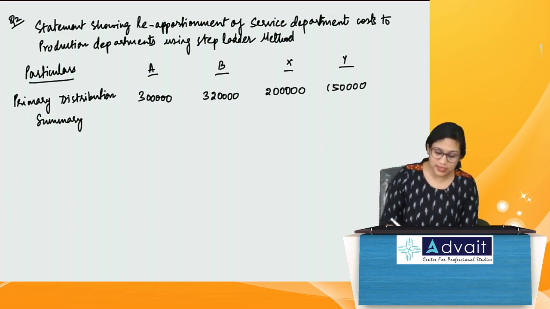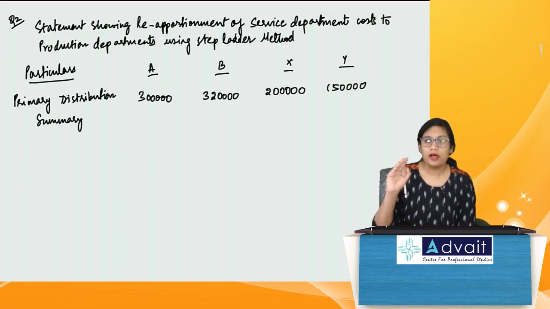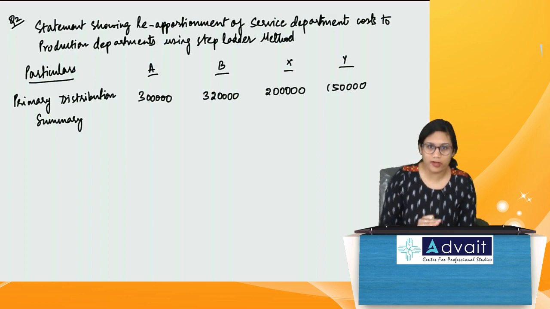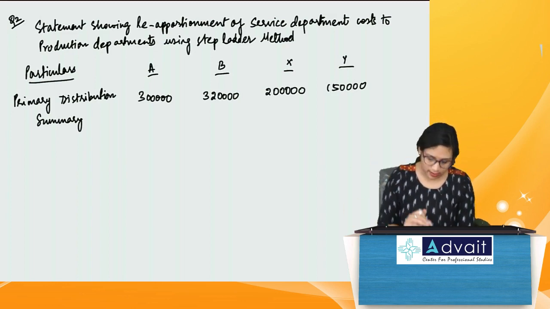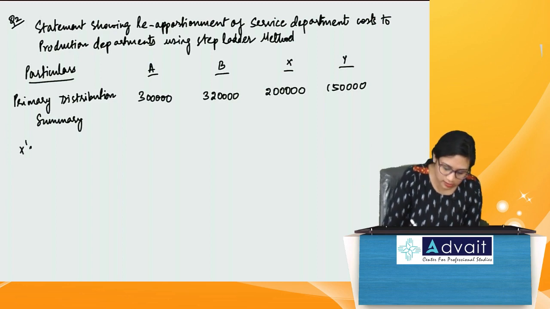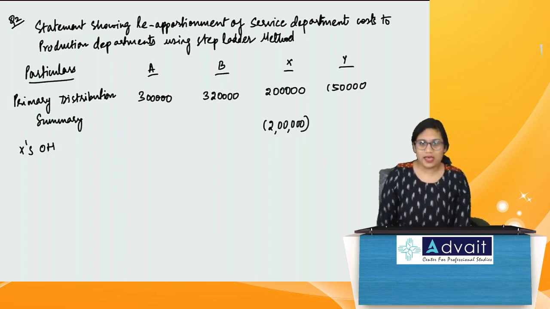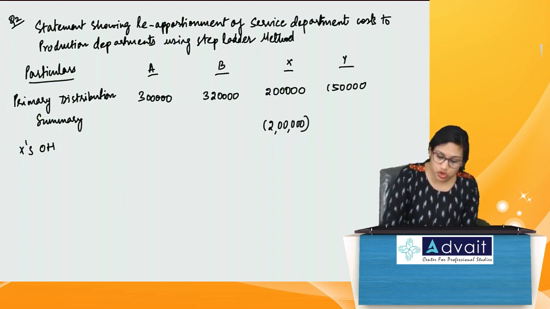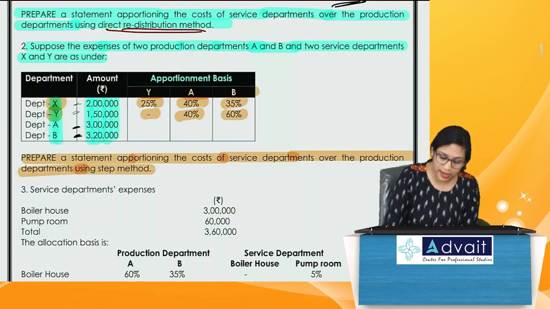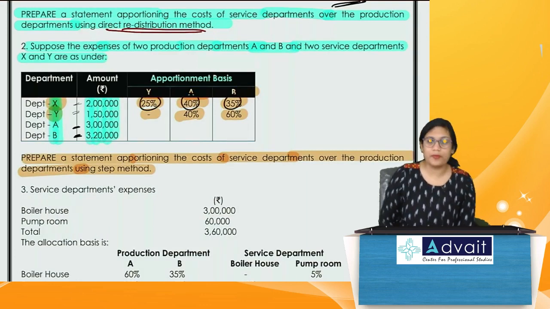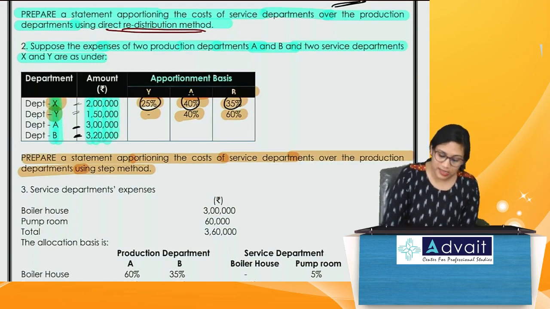Okay. So in this case, first we will reapportion X's overheads to A, B and Y. Let's make this 0 first. Now X is going to give its overheads to A, B and Y in what ratio, guys? 40%, 35%, 25%. So let's write 40, 35, 25.